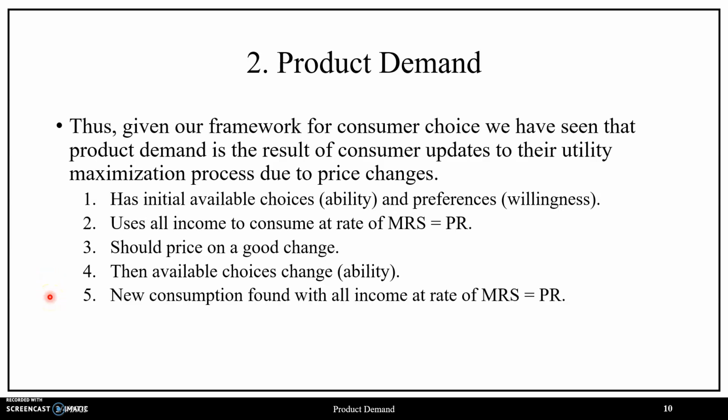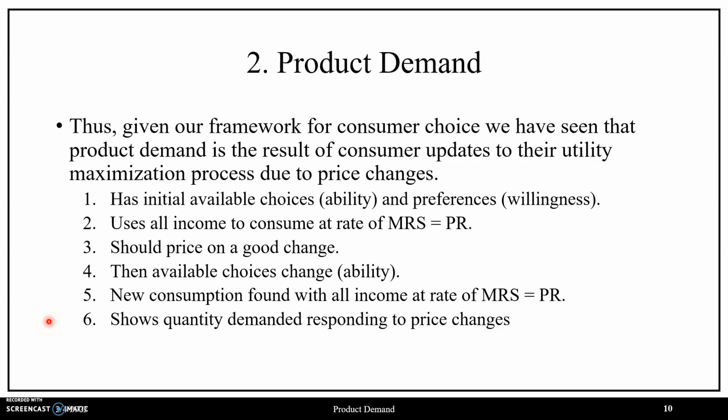So then new consumption is found where all income is used at the marginal rate of substitution equaling the price ratio, which shows that quantity demanded is responding to price changes, and that these responses are inversely related to one another, giving us the law of demand. And through going through multiple iterations of this process, this generates a product demand curve.